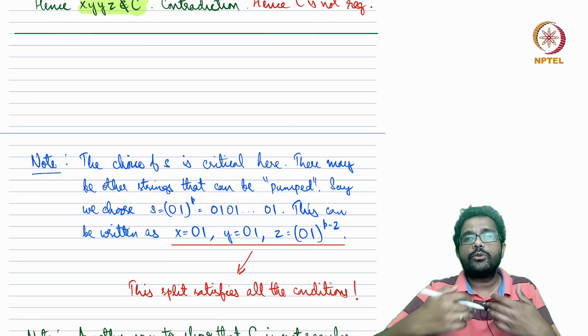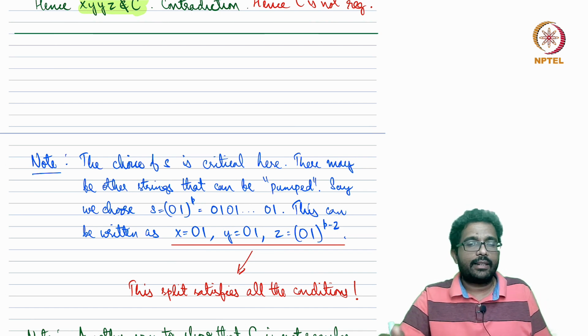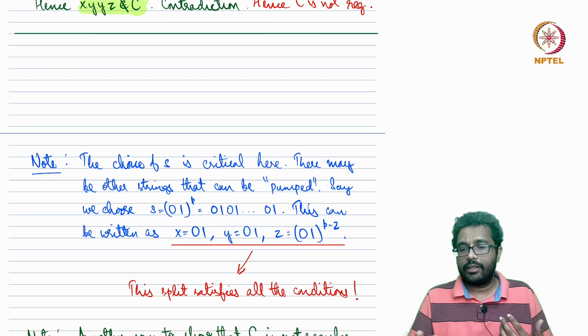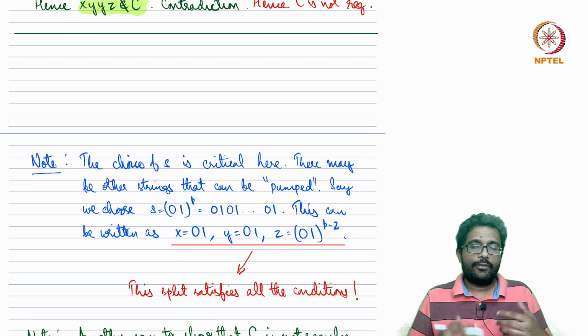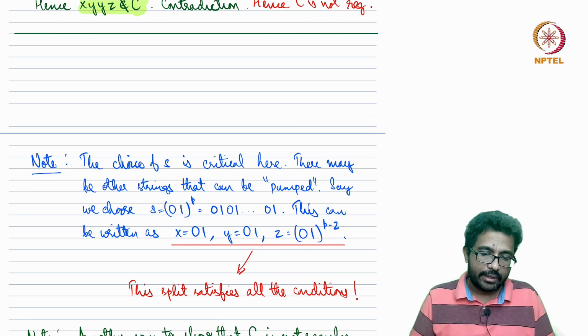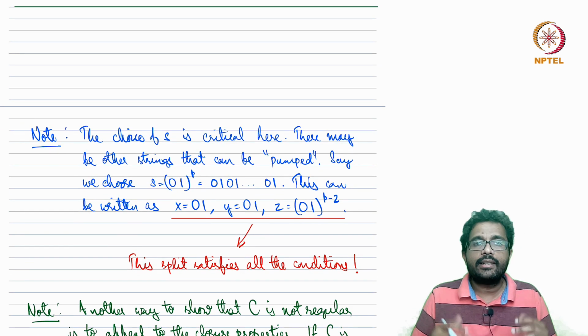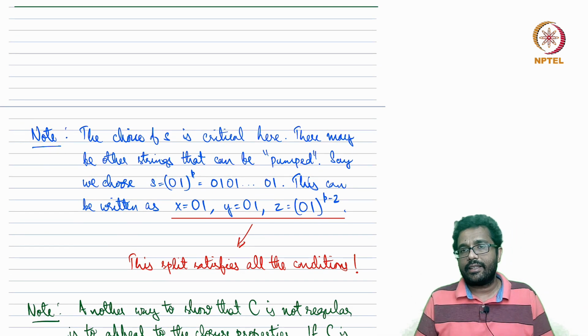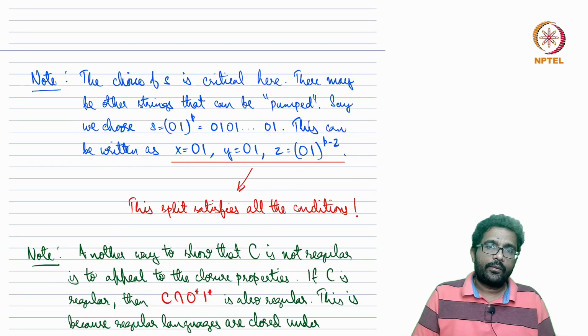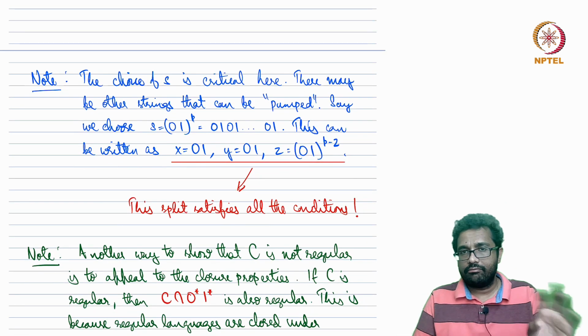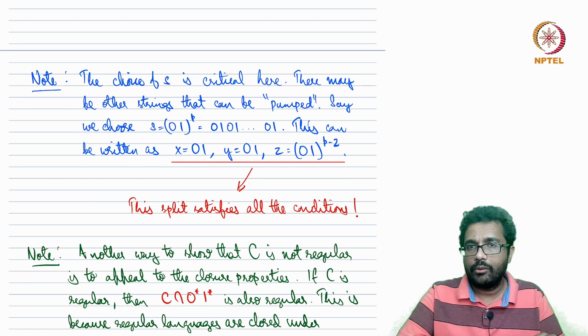It is not like you choose whatever string meets the conditions and then you get a contradiction. If you choose a wrong string, perhaps it can be pumped or split in a manner satisfying the 3 conditions. So this is very important, and I hope you remember it when you work out exercises.